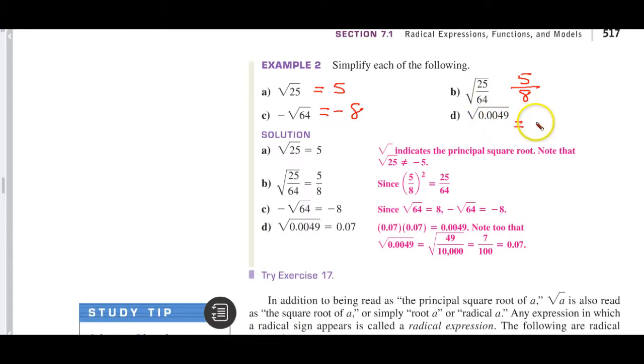This one's a little tricky because you have to be careful of where you put the decimal. So here this has 4, so our square root needs to have 2. That is, if we square it, we end up with 4 decimal places.